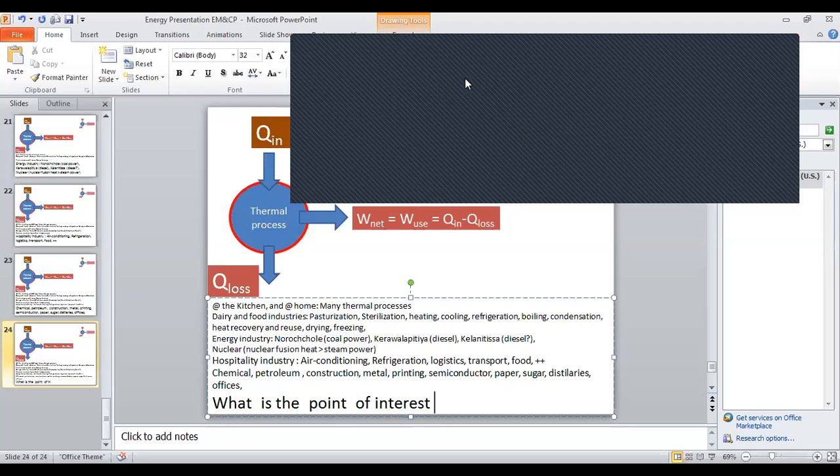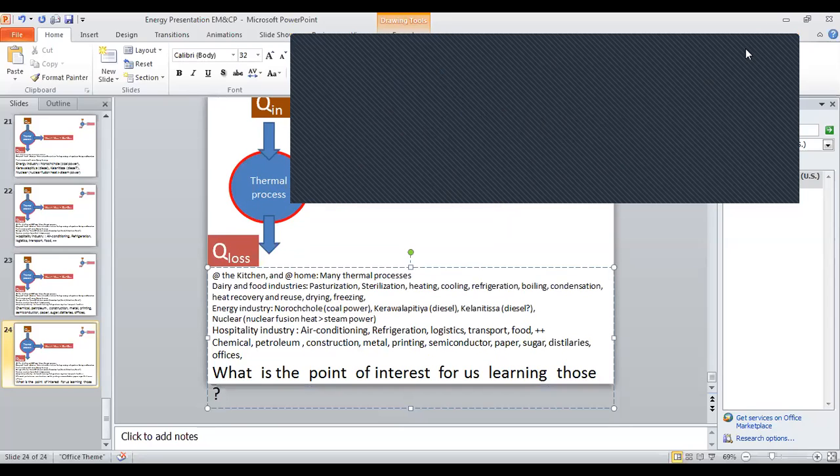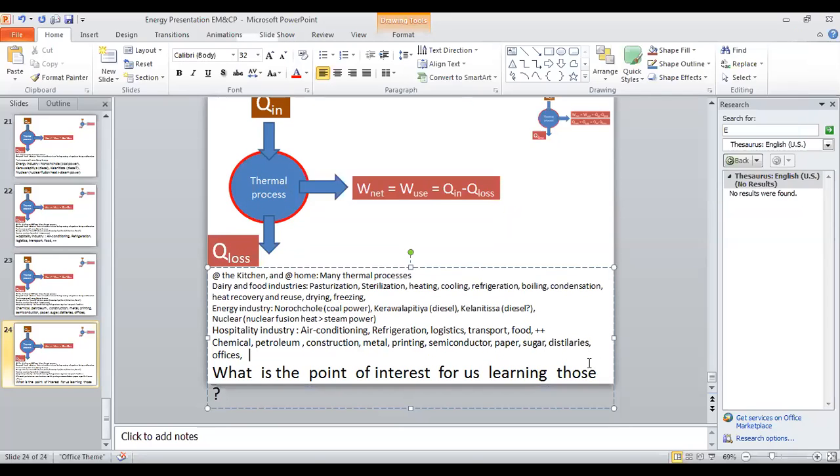What's the point of interest for us in learning those?